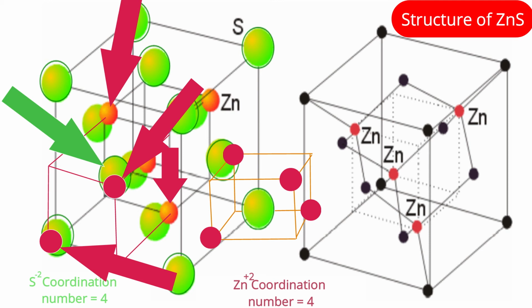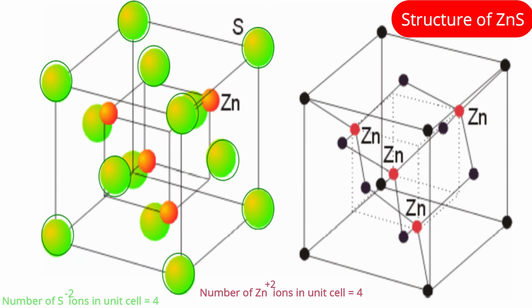Now let us talk about stoichiometry. Here zinc ions are 4 in number and all are inside. So total number of zinc ions is 4. Now about sulfide ions, those are occupying an FCC kind of arrangement, and FCC means total number of ions will be 4.